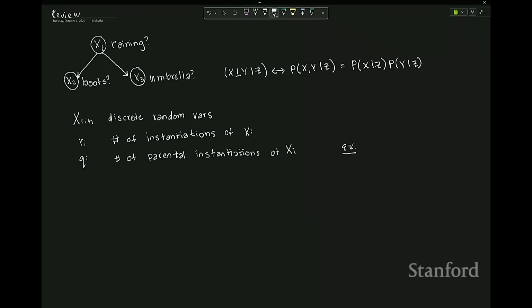So let's say now we have this network. We have x4, x5, and x6. And x4 and x5 are the parents of x6. Neither x4 nor x5 has any parents, and so when that is true, we say that q sub i is 1.